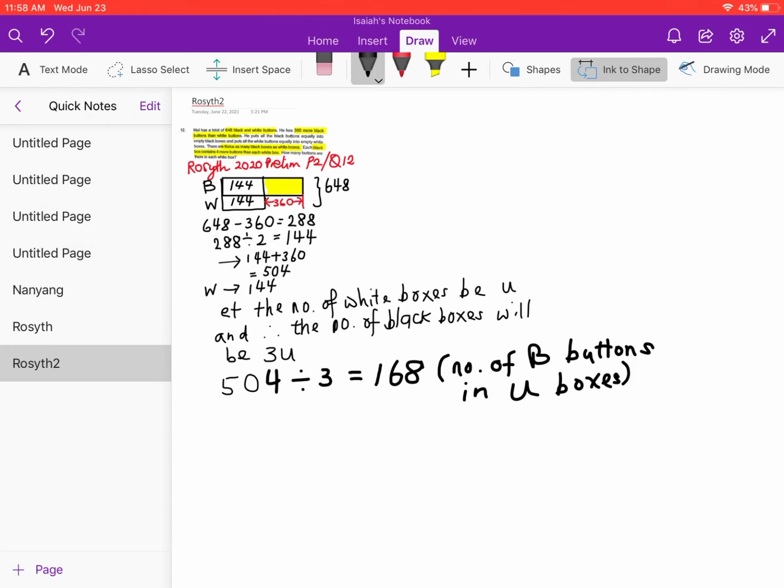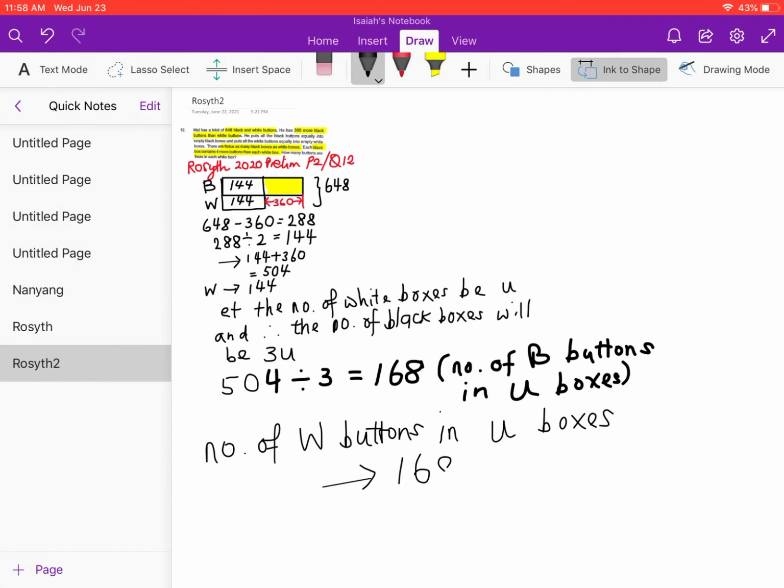So if there are U boxes, the number of white buttons in U boxes will therefore be 168 minus 4U, because for every box, there are 4 fewer white buttons compared to a box of black buttons. So this will give you the number of white buttons in U boxes.